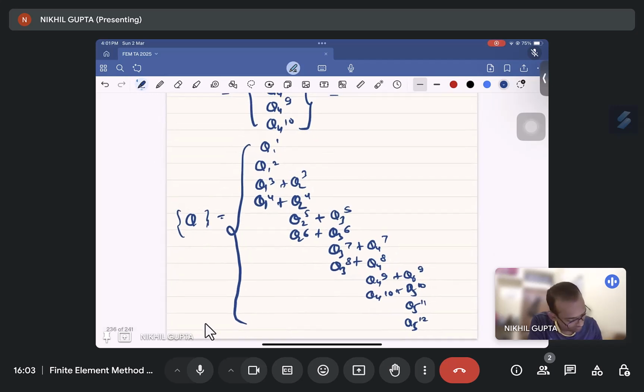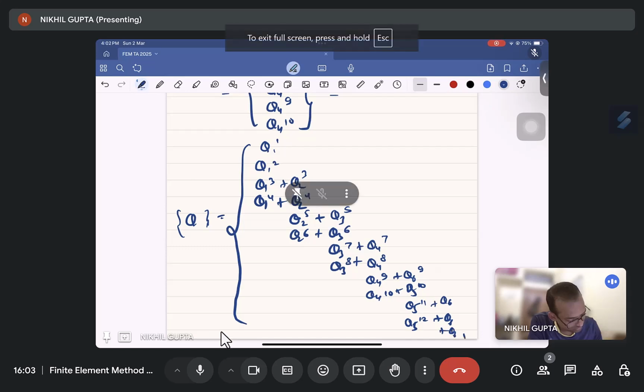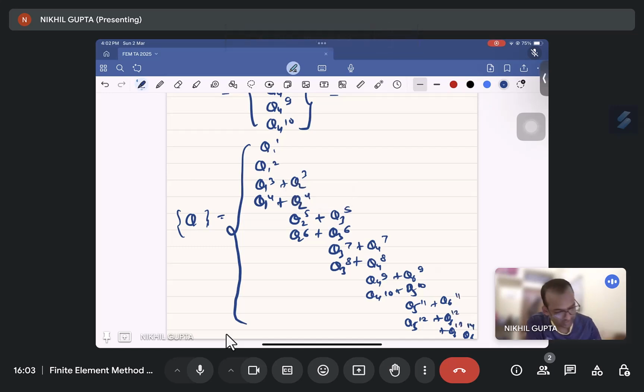Similarly, one more will come, which is Q6, which will be 11, 12, 13, 14.